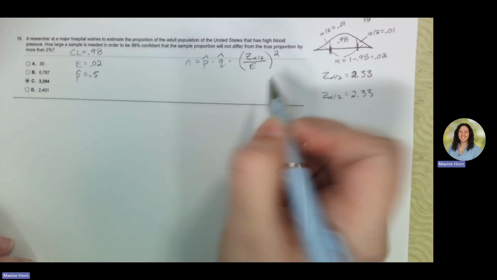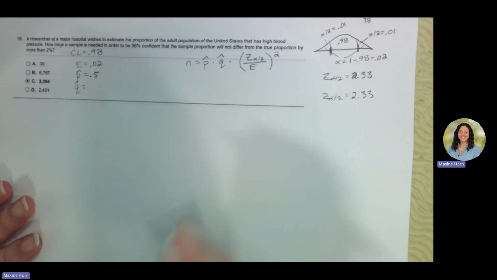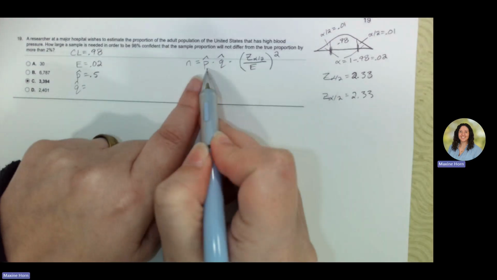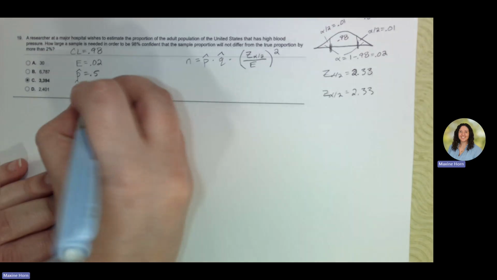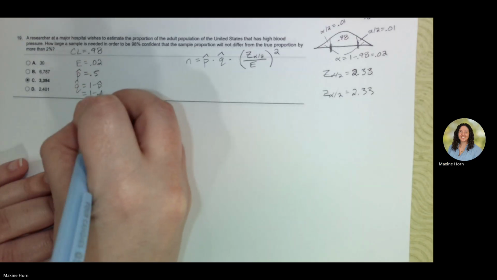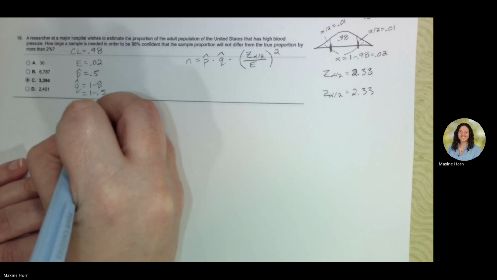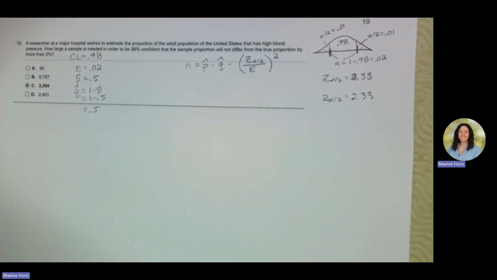Let's plug everything in. We have to have all of these to plug in. We have our p hat. We can easily find our q hat because it is the complement of p hat. Remember, we talked about that at the beginning, that if p hat is 0.5, q hat is also going to be 0.5.